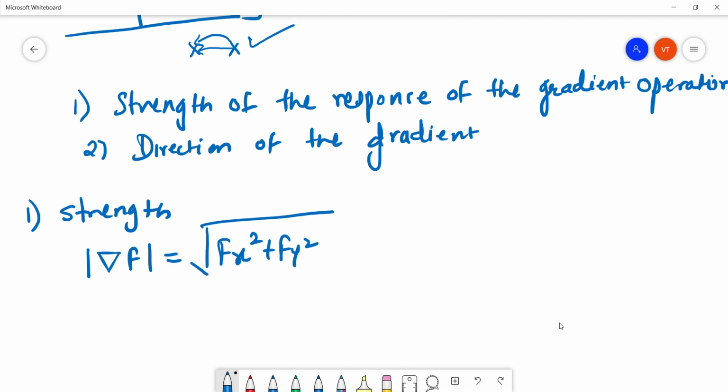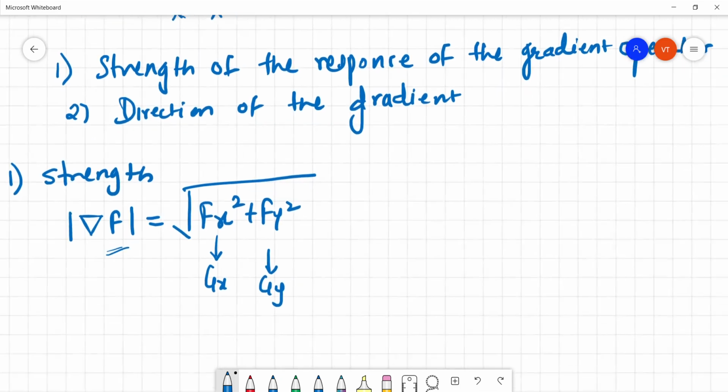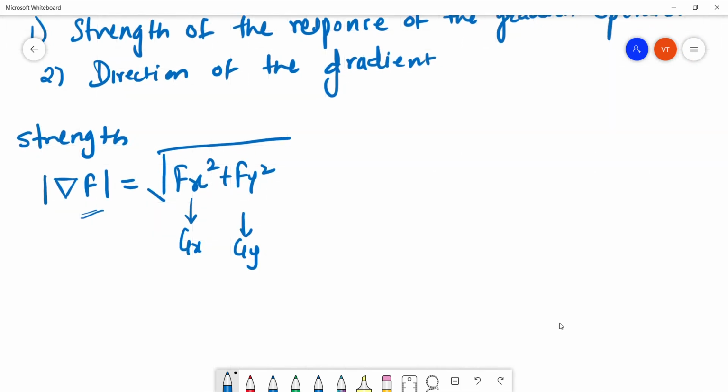If you remember, when we studied the gradient filter, instead of writing fx, I wrote gx. You can use any variable, gx or fx or any other variable. This will give you the strength of that particular pixel. What are gx, gy or fx, fy? It's the gradient in x direction and the gradient in y direction.